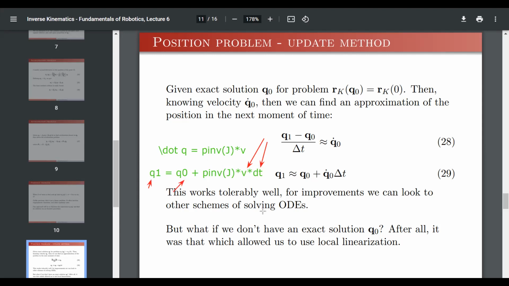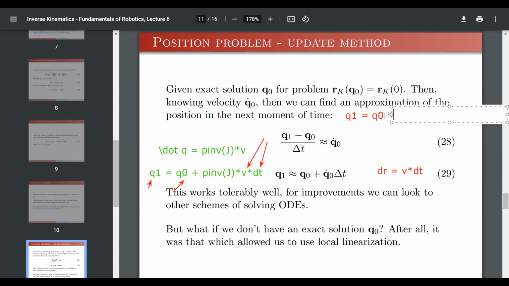You have this situation. If you want to be a little bit sly about it, and I mean it in a good humored way, you could say, let me define dr as equal to v times dt, right? And then with dr, you can say, okay, now q1 is equal to q0 plus pinv J times dr, right?